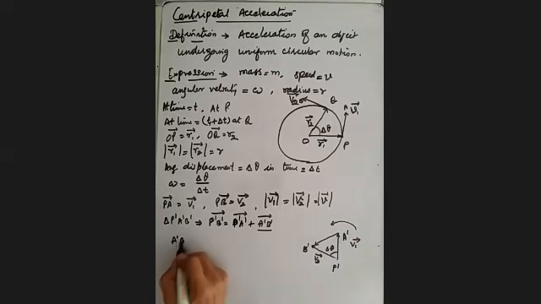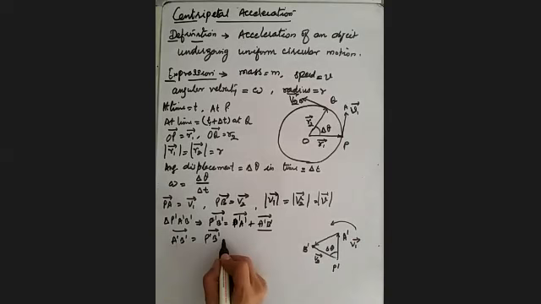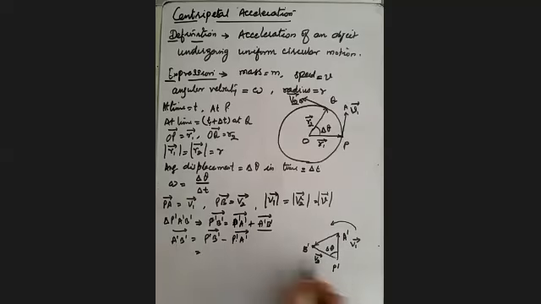So A dash B dash vector will be equal to P dash B dash vector minus P dash A dash vector, and P dash B dash vector is V2 vector minus V1 vector.